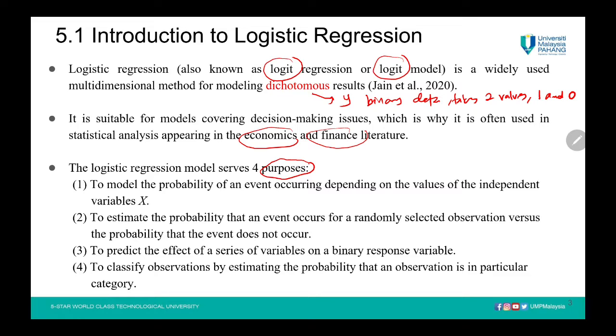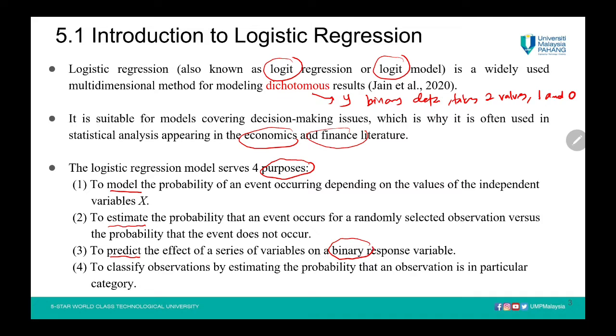The first one, to model the probability of an event occurring depending on the values of x. Second, to estimate the probability that an event occurs for a randomly selected observation versus the probability that the event does not occur.